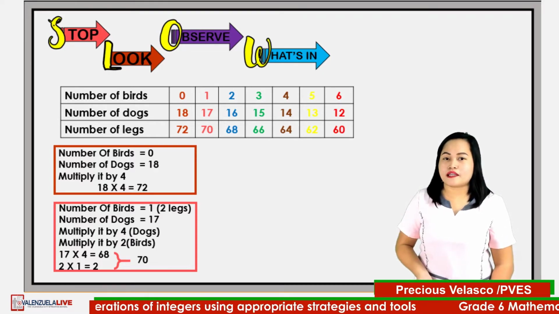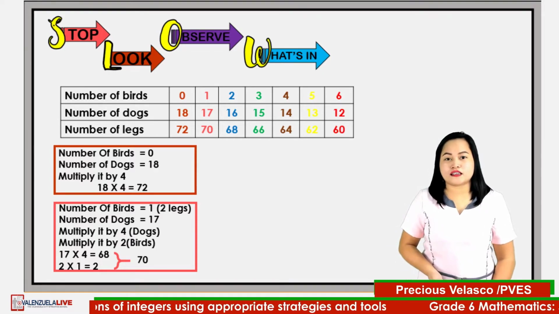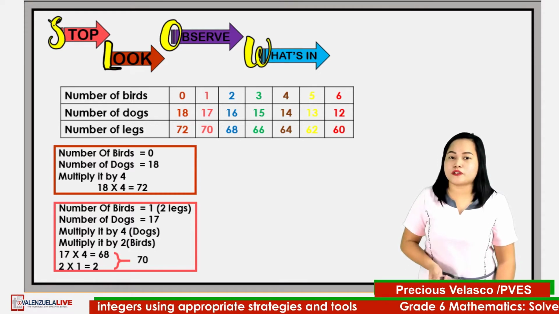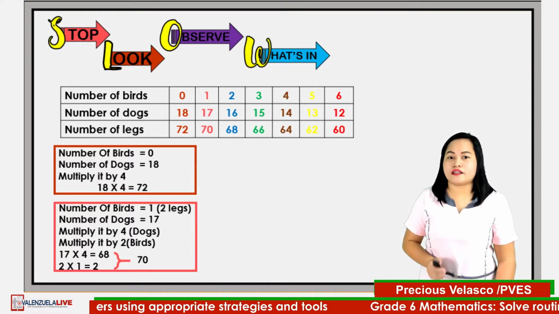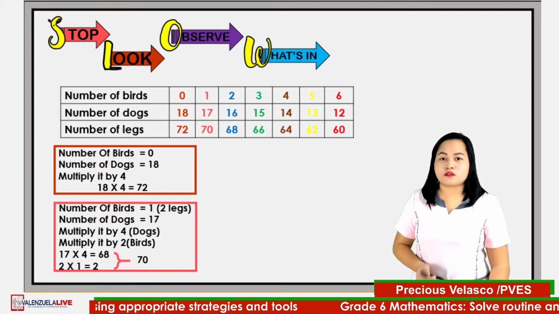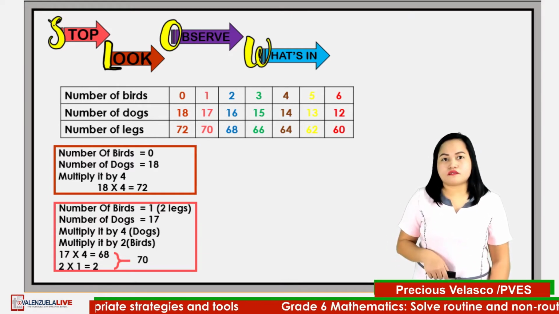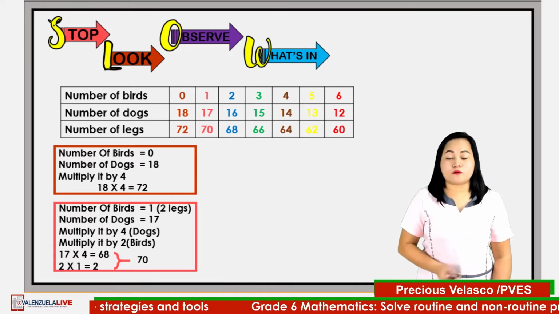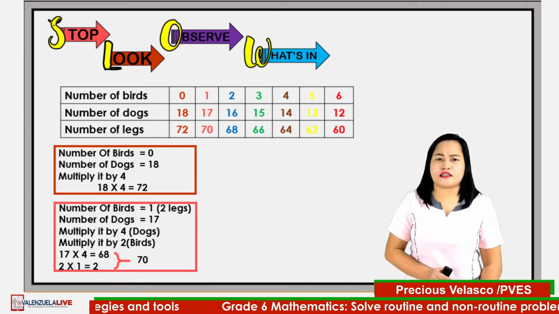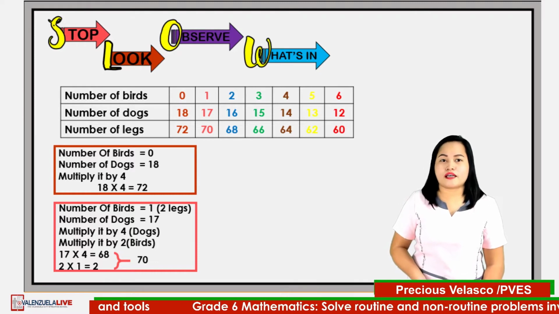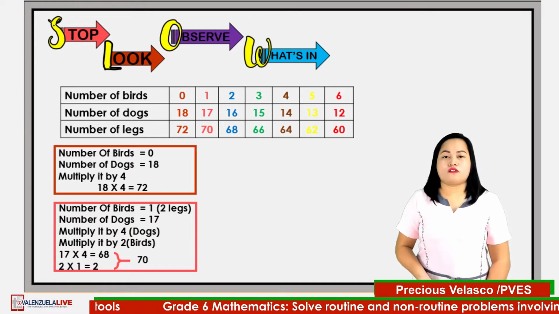And then if I'm going to get the sum of both legs for the dogs and birds, I have 68 and 2, and the total is 70. Well, it is 10 larger than the total. Next, how about if I try 2 birds and then 16 dogs?